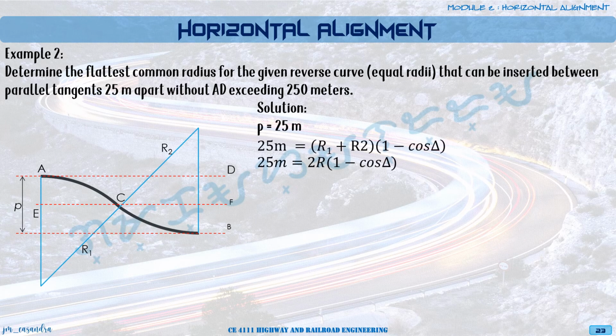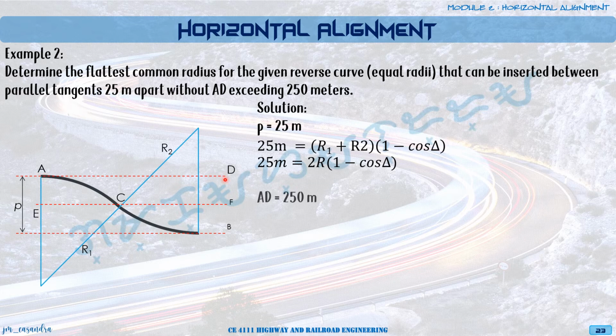We could write that as R1 plus R2 times 1 minus cosine of the central angle. And since R1 and R2 should be equal in value, we could simplify this as 2R times 1 minus cosine delta. So we have already P. So one equation, we have two unknowns, so we need one more. The next equation will be taken from AD.